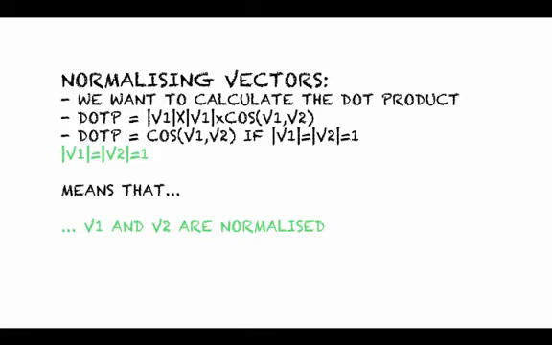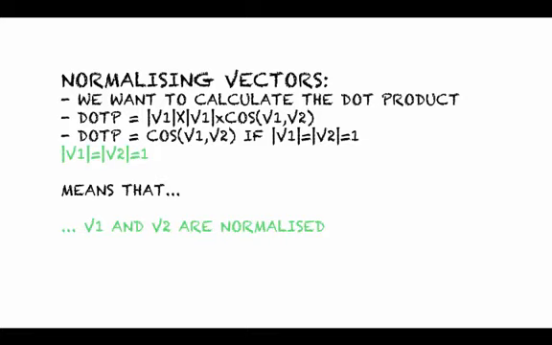Or, in other words, if these vectors have been normalized. Normalizing can be done easily in Unity, as each vector can access the method called normalized, which returns a normalized version accordingly.